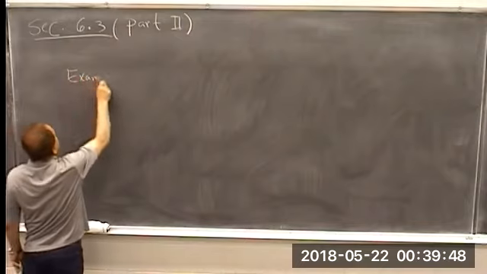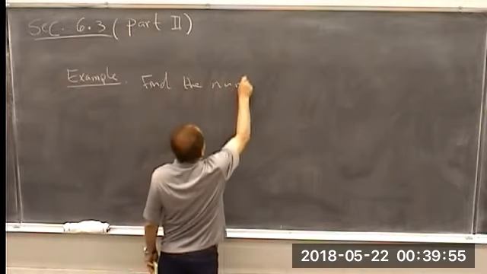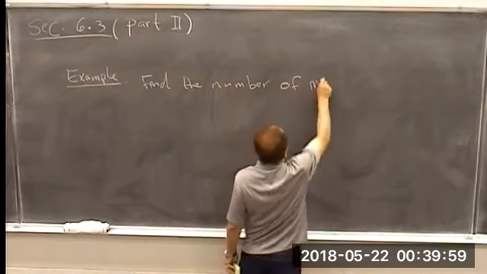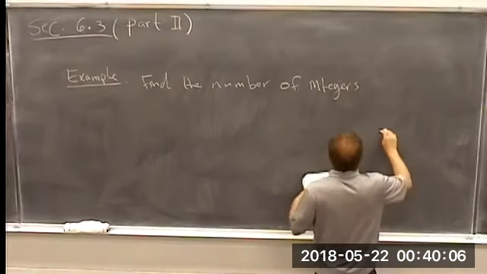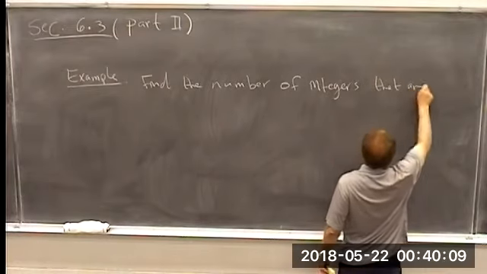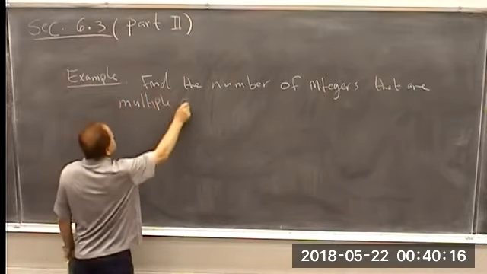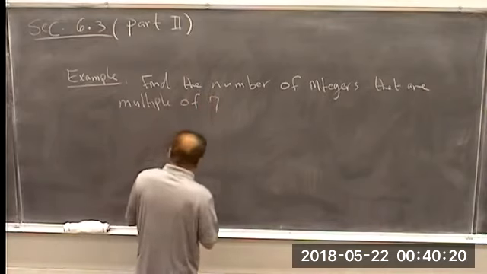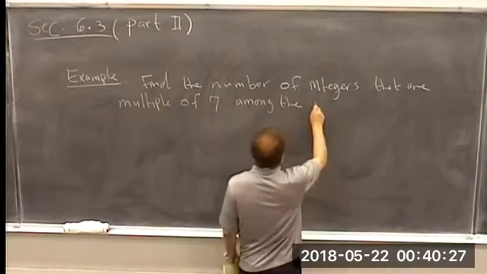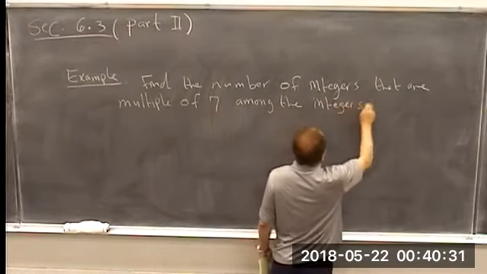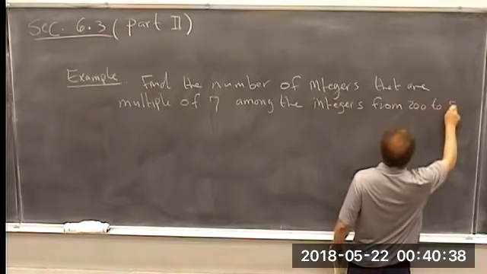Example: find the number of integers that are multiples of 7 among the integers from 200 to 500.